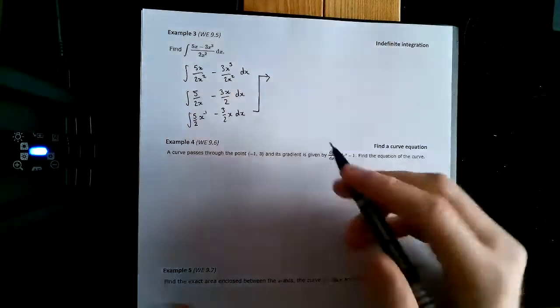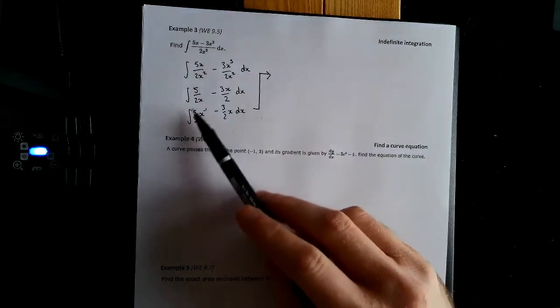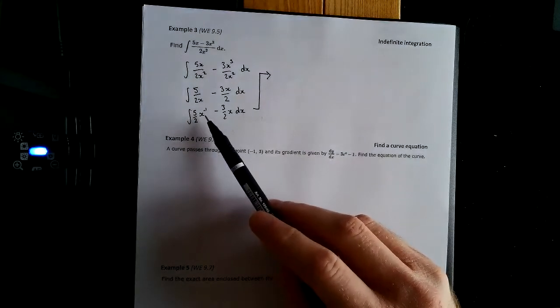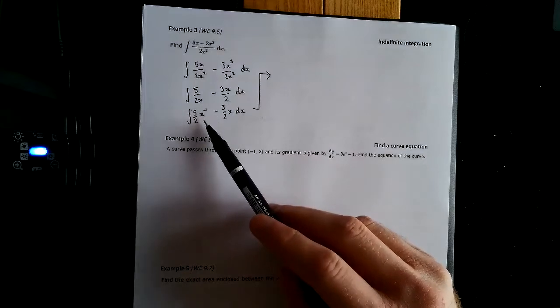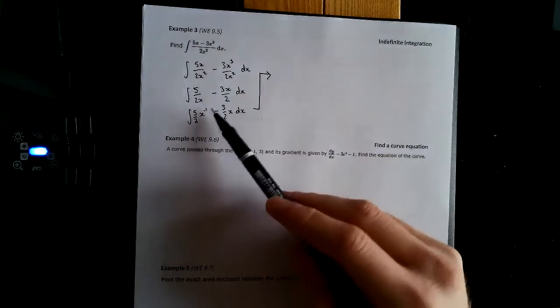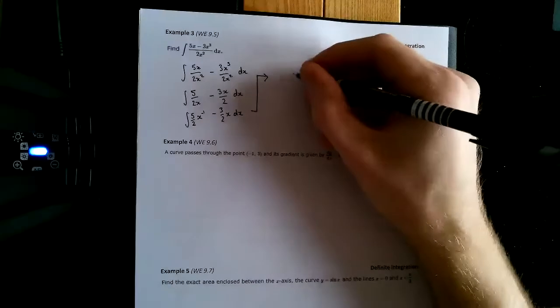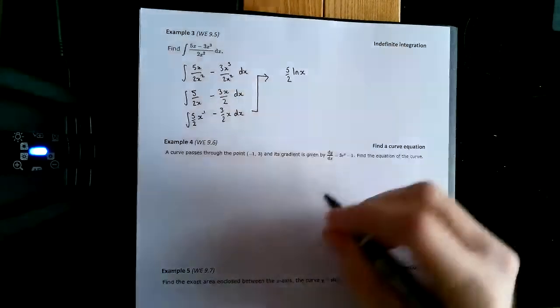Okay, then to integrate it, well, 5 over 2, I can just ignore that and integrate x to the minus 1. Well, x to the minus 1 is 1 over x. And if I think what differentiates to give me 1 over x, it must be ln x. So ln x, and I'm just going to times it by 5 over 2 in front.